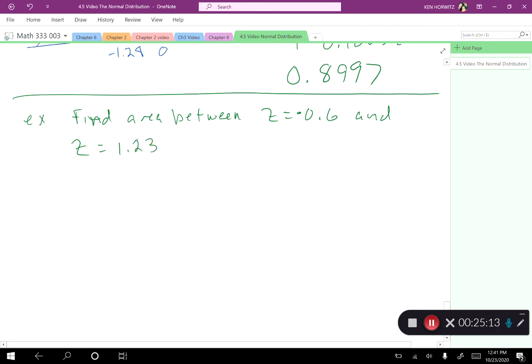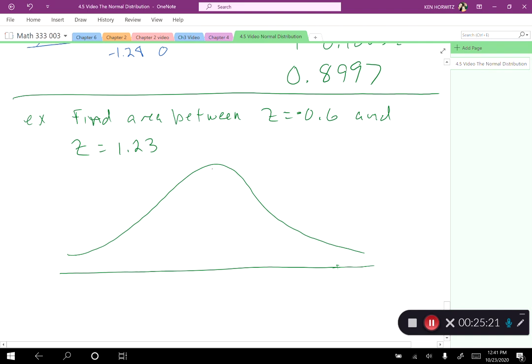All right, let's try that one. Try one together, and I'll let you try one on your own. At this point, you should be pretty good at looking up these numbers.